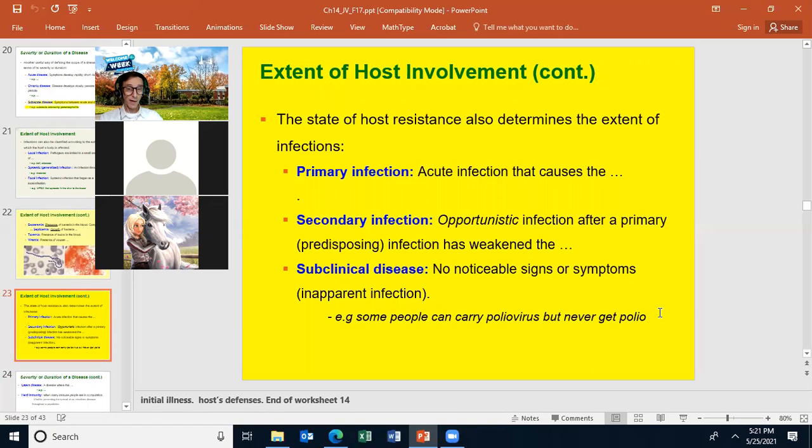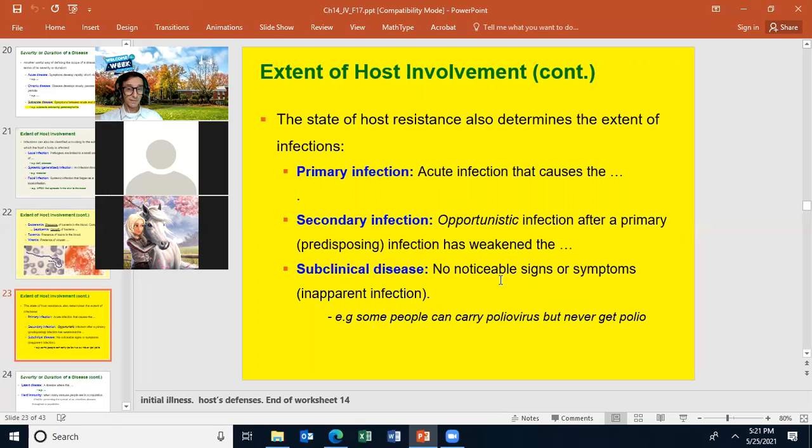And usually the primary infection predisposes the patient to this secondary infection, like weakening the host immune response or weakening the host defenses. Somebody getting a respiratory infection can weaken the mucous membranes, causing you to come down with a secondary infection.